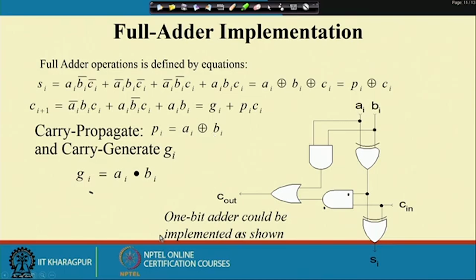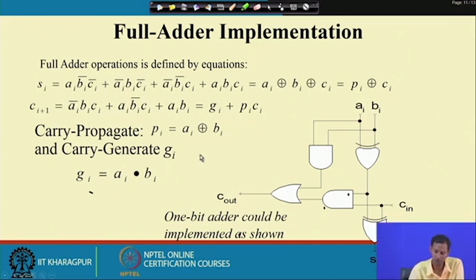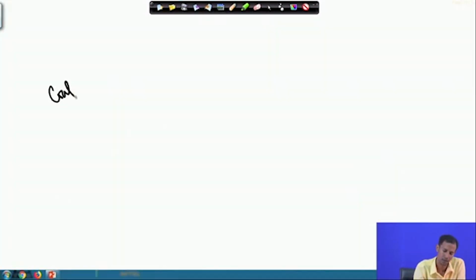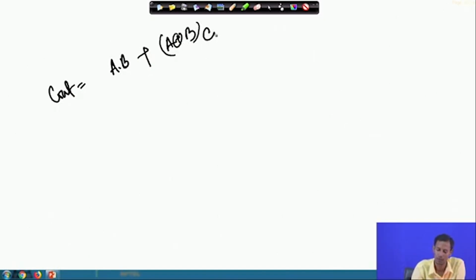Okay. So, now for carry output bit, I said that one logic for carry output is AB plus BC plus CA. Another logic for this carry output bit is AB plus A XOR B into C, or C in.